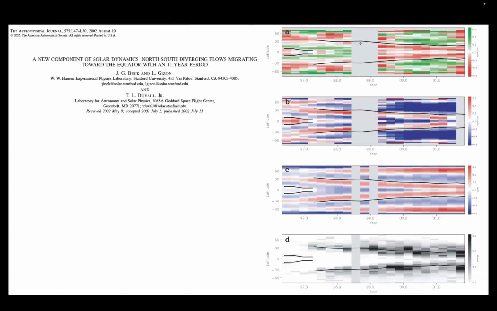They found, in fact, a diverging flow around the active belt at the deeper layer. These are travel time shifts on the top right. Positive shift corresponds to poleward flow, and red is equatorward. So around the active belt, which is noted by this line, there is a diverging flow at that depth, which is very similar to what I showed in my first few slides.